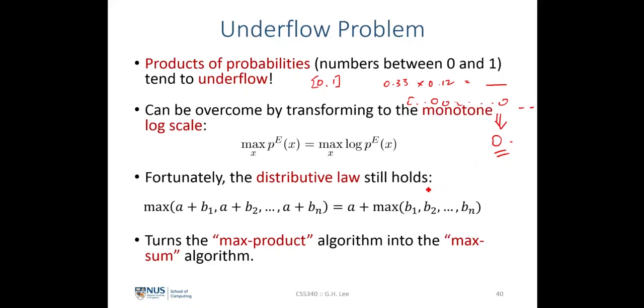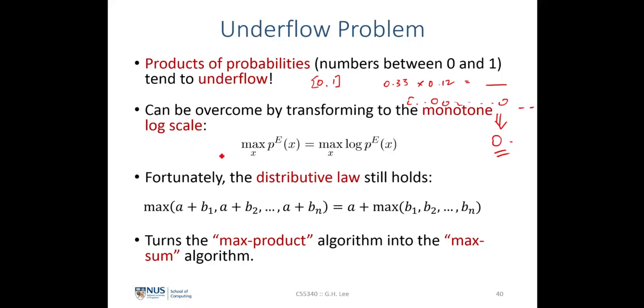So as a result, we will not be able to compute the max probability due to the underflow problem. And fortunately, this can be overcome by using the logarithm over all the probabilities.